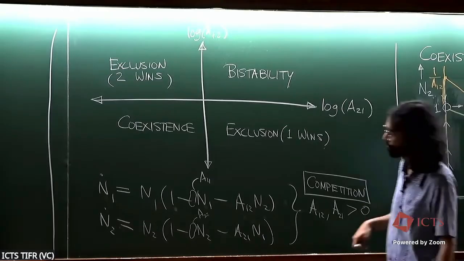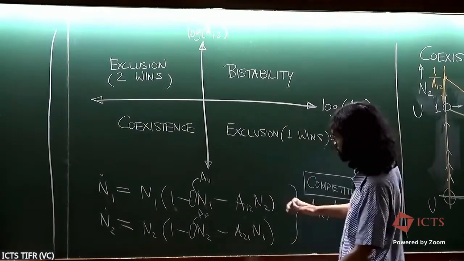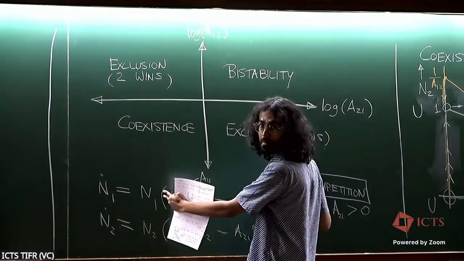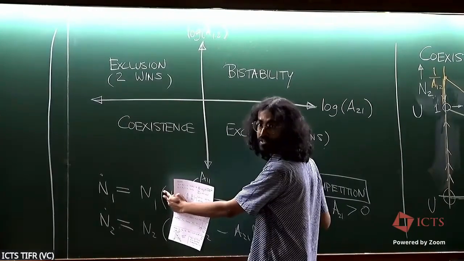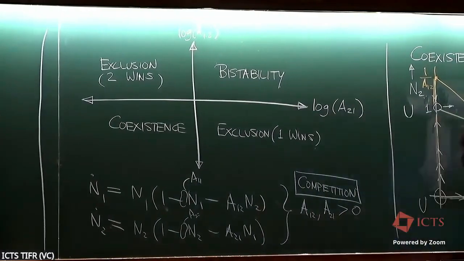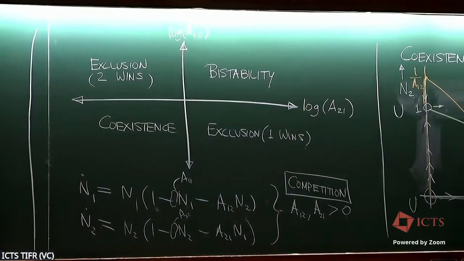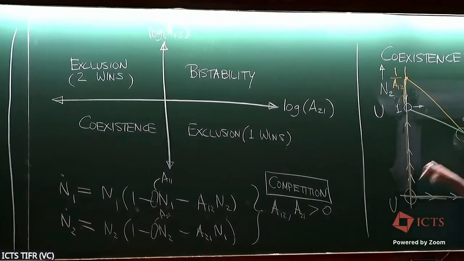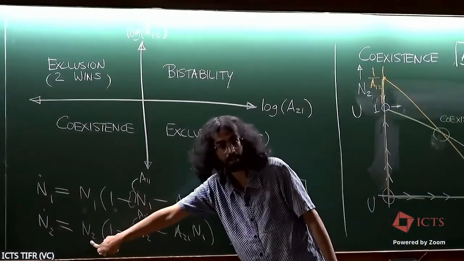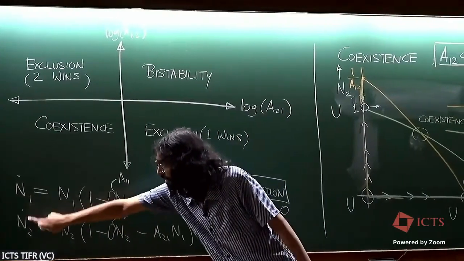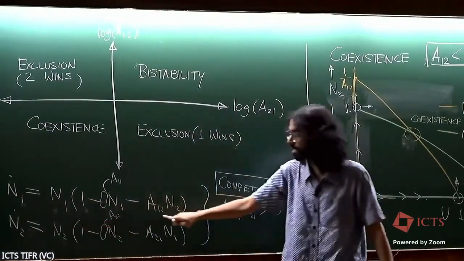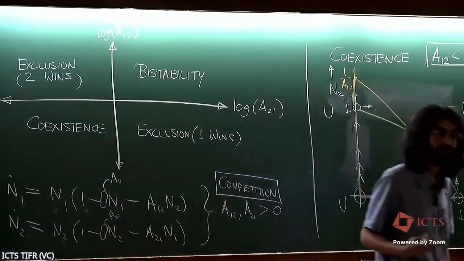Are people confused? What's happening at the coexistence fixed point to this parenthetical term? It's 0, right? That's exactly how we got this logic for this coexistence fixed point. n1 is not 0, n2 is not 0. So the only way n1 dot and n2 dot can be 0 is if each of the terms in the parentheses is 0, right?